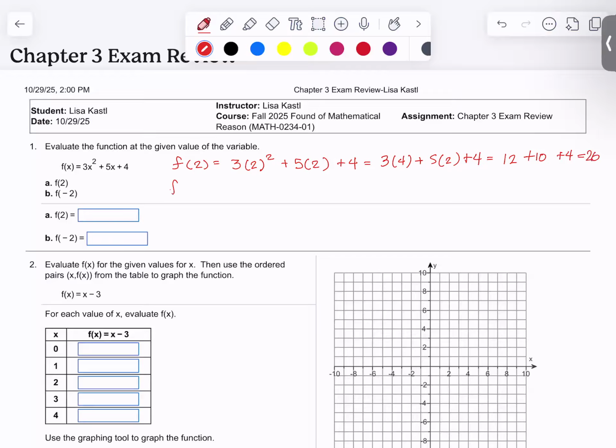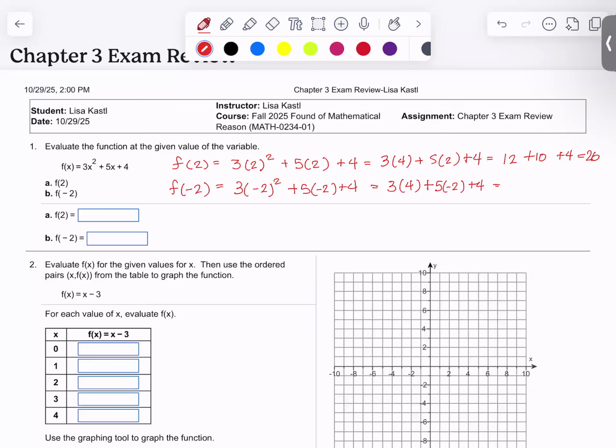Now we're going to evaluate this function at -2. So we're going to replace the x with -2. Three times -2 squared is 4, plus 5 times -2, plus 4.